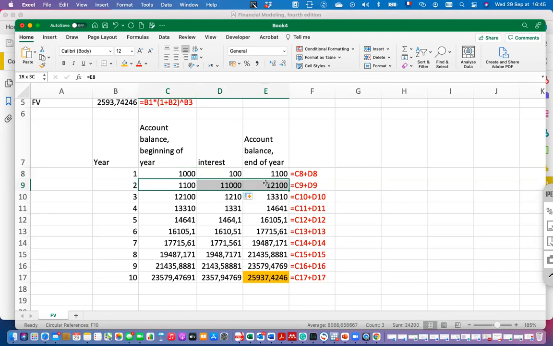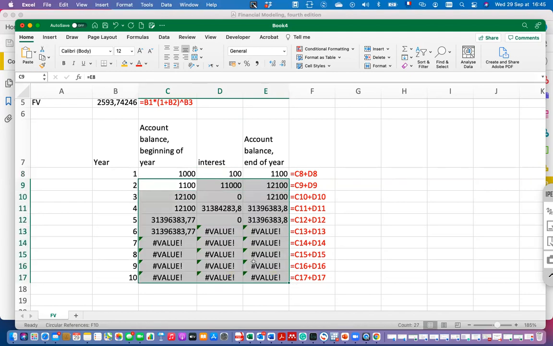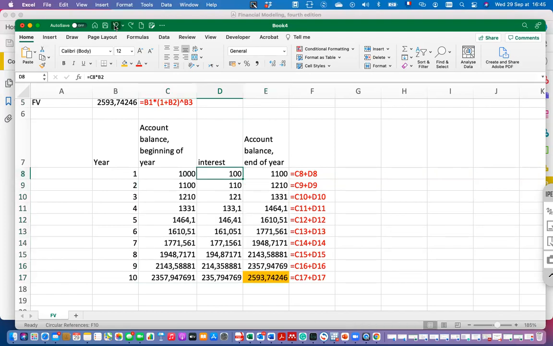Then I will scroll it down. See what happened. So Excel will be unable to do the work. So we have to pay attention to the dollar sign.